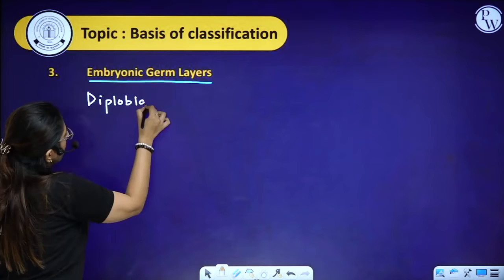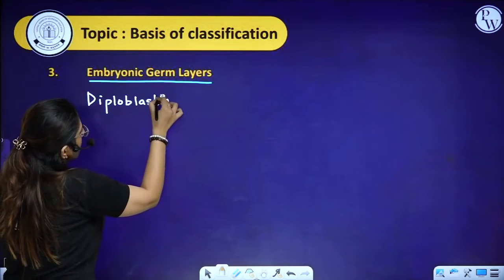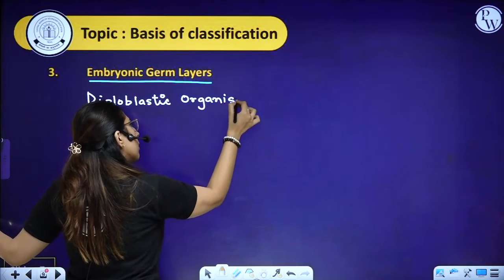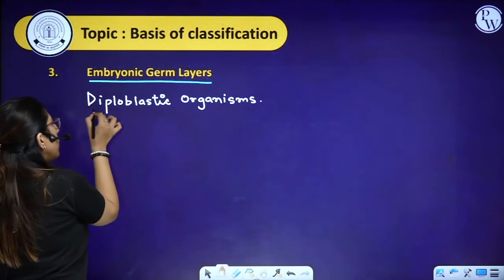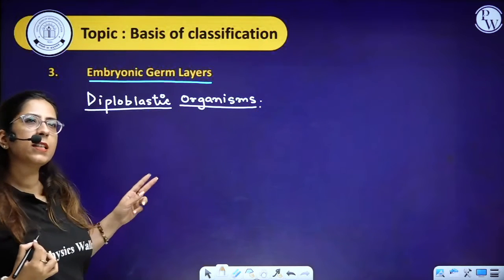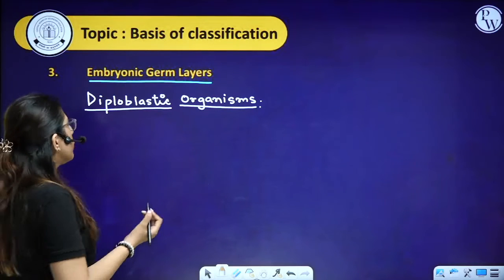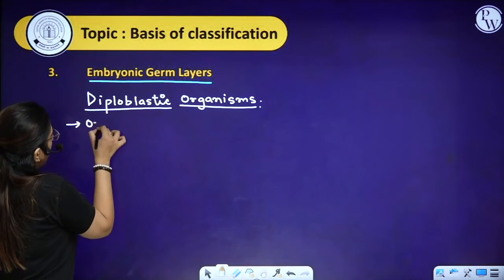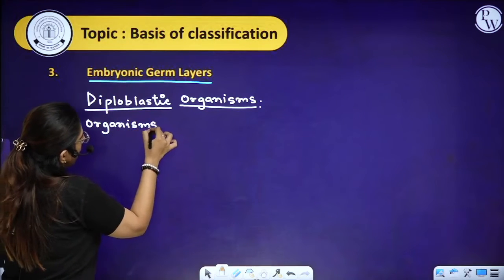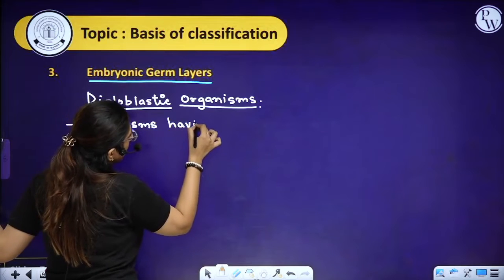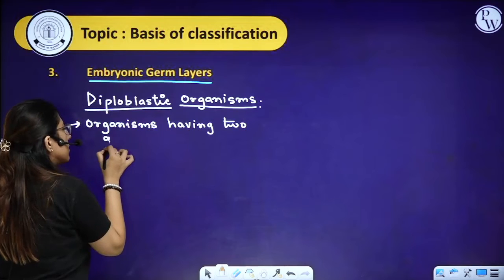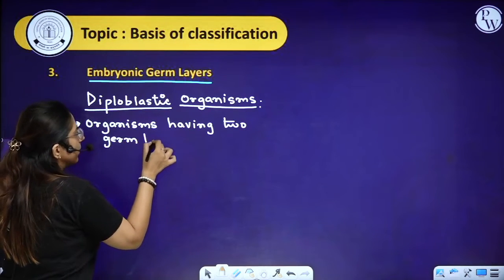So we have 2 types of organisms. Diploblastic organisms. So diploblastic, that means these are the organisms having 2 germ layers.